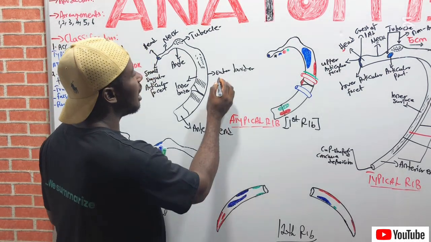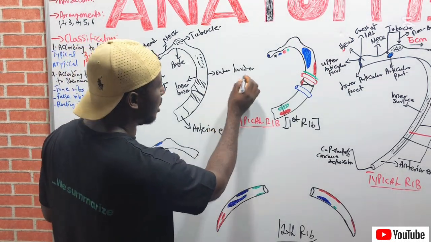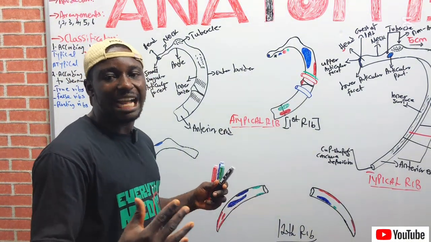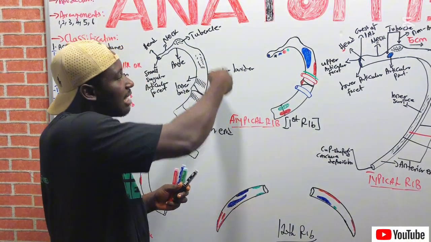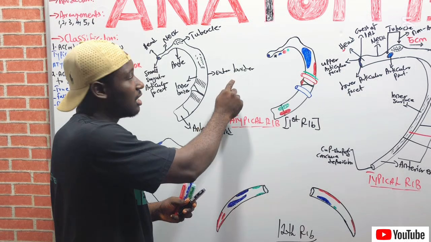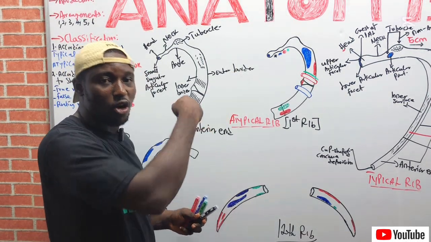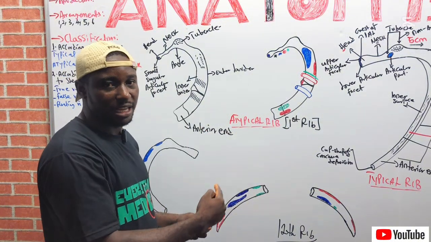The outer border, please, not surface, is usually arched, or convex.